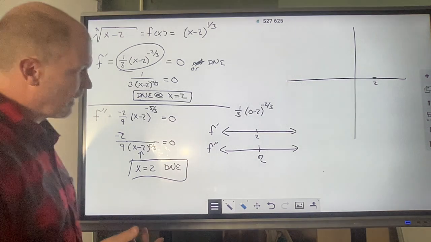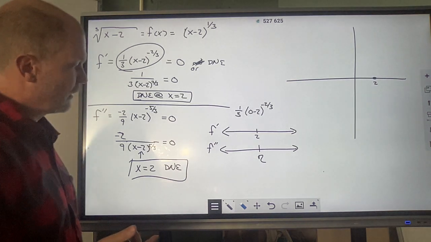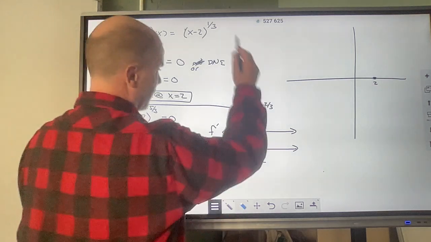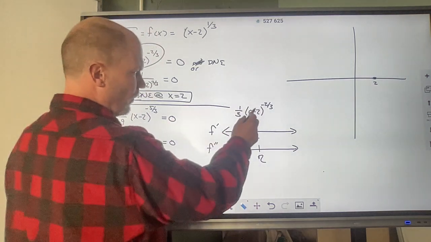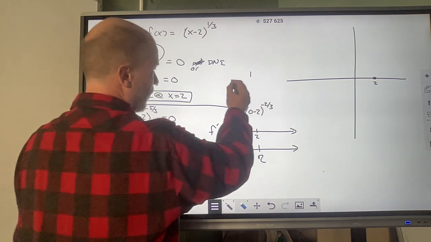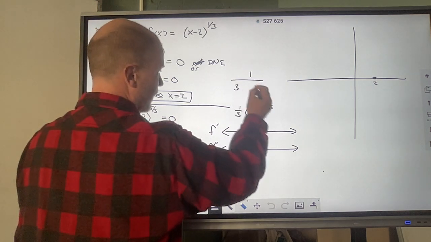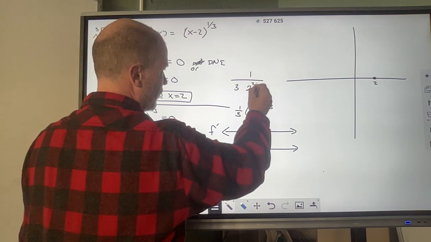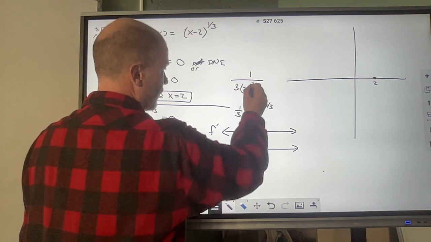You've got to be really careful with this. I should have given myself a little bit more room. So I'm just going to work upward. We know that this is just negative 2 in here, so really I have 1/3 and then negative 2 to the 2/3 power.